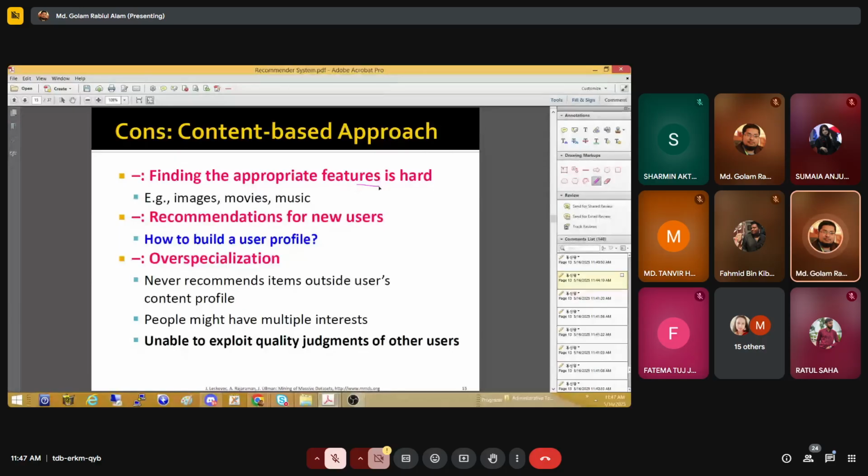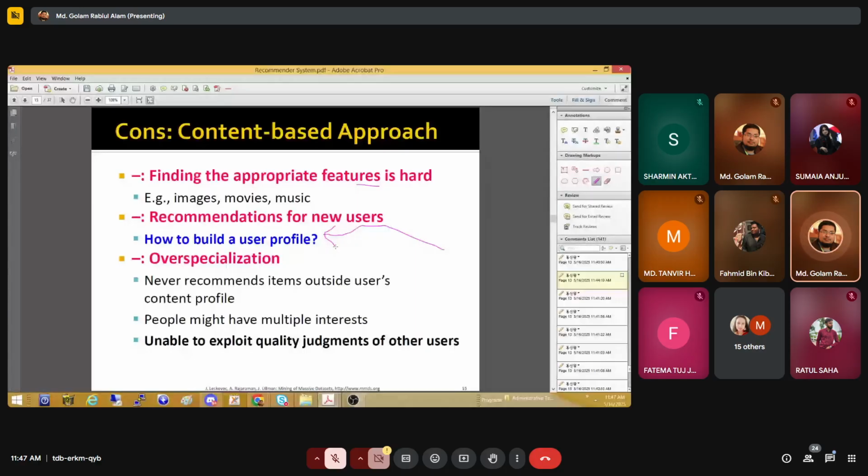And recommendation for new users is also problematic. If the user is new, we don't have the data on his or her likings, so content-based recommendation is difficult in that case.